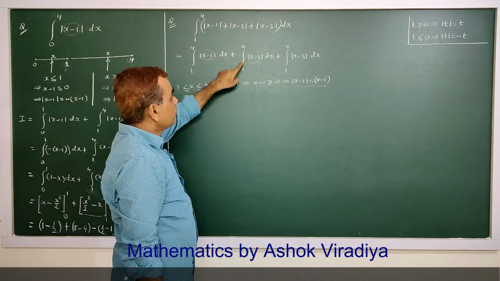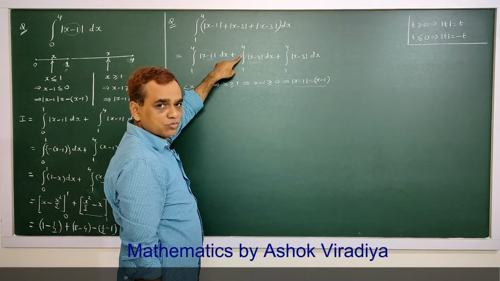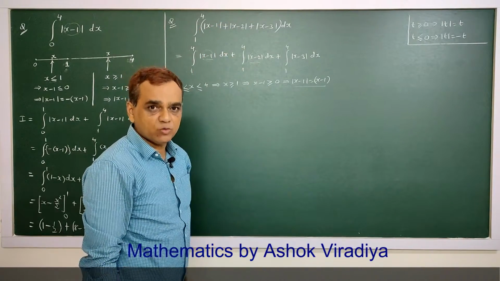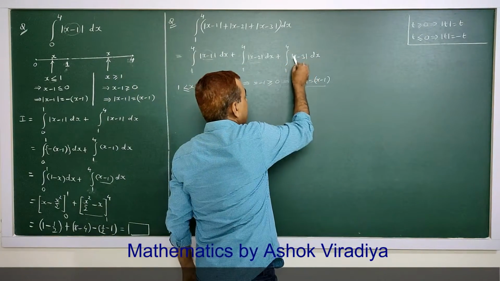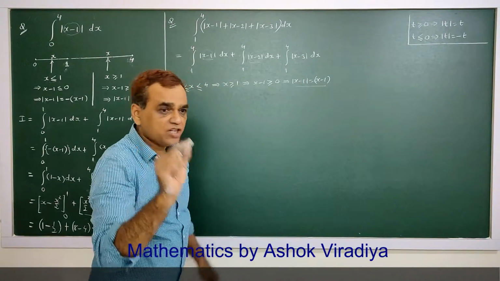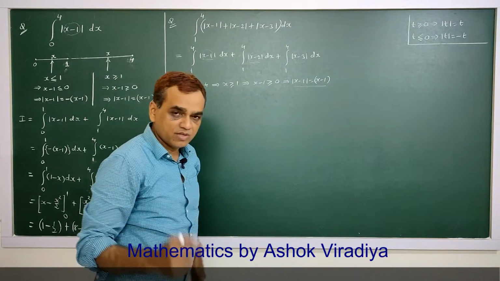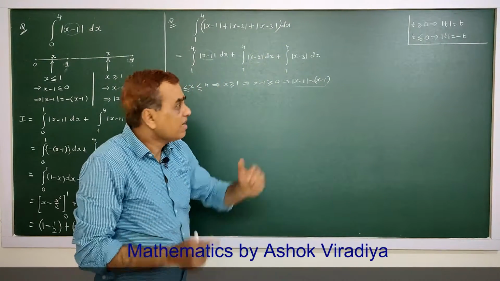So we have to separate this interval at 2. So 1 to 2, 2 to 4, that we will do. Here if you keep x equal to 3, then this will be 0, and 3 belongs to this interval. So in the third term we shall break the interval at 3.